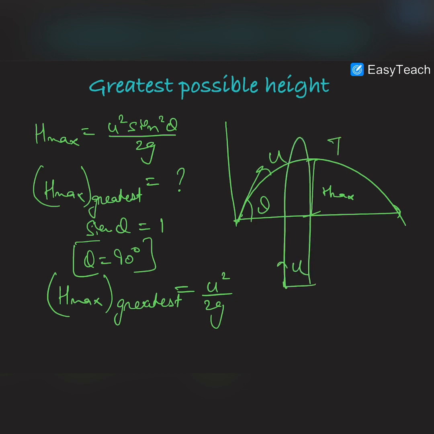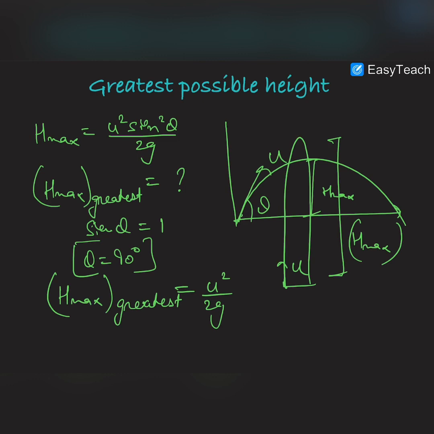Okay, so what I am trying to say is that if u is constant, then the maximum possible height attained by the projectile is when the angle of projection is 90 degree.